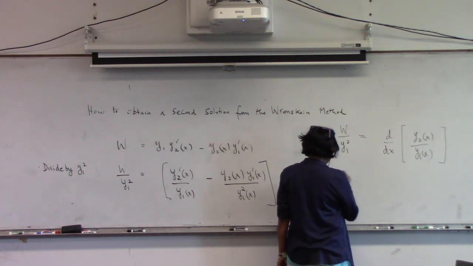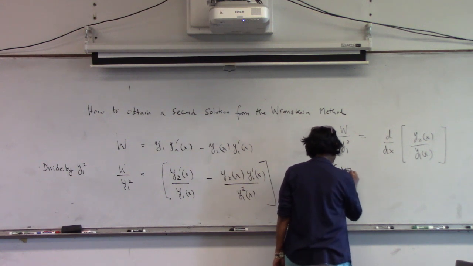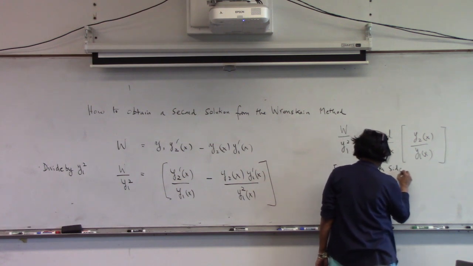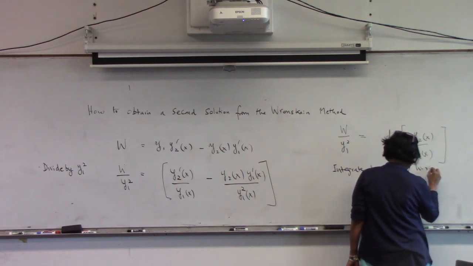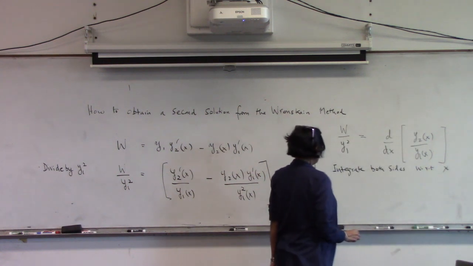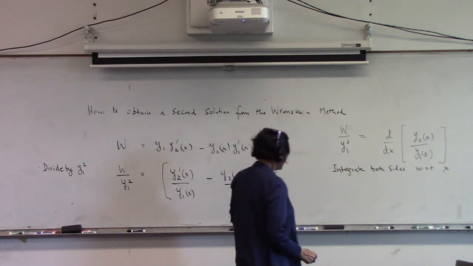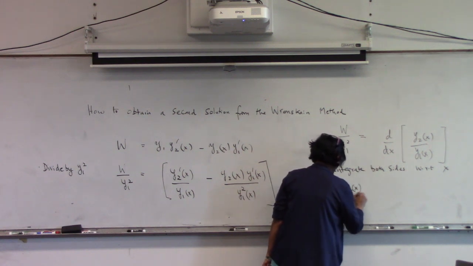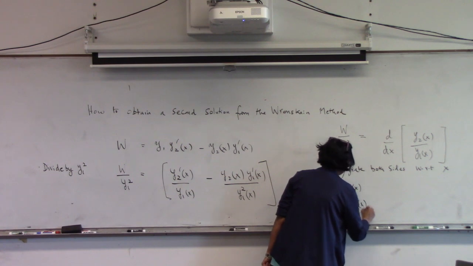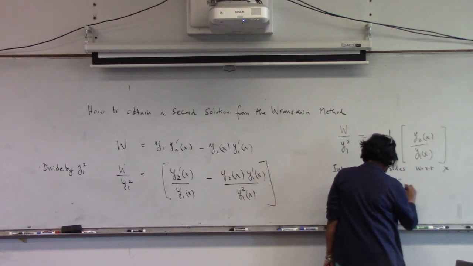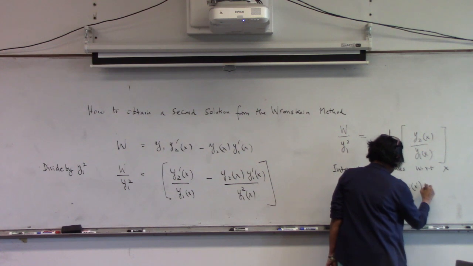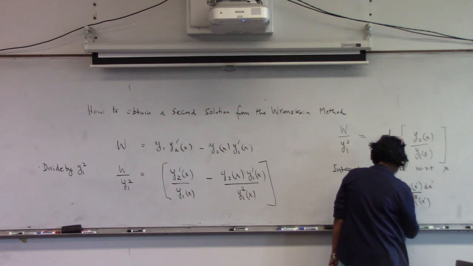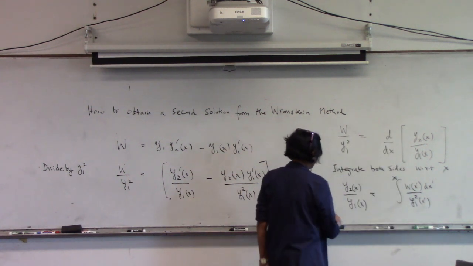So can I now integrate both sides with respect to x? So if I did that, what do I get? So can I say y2 x over y1 x is nothing but the integral.